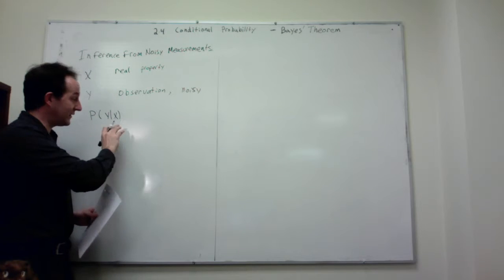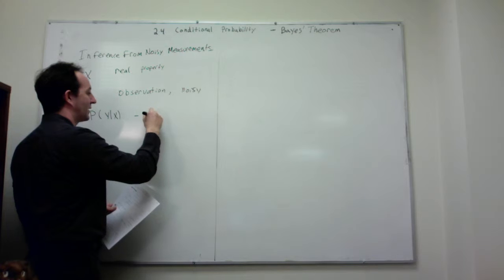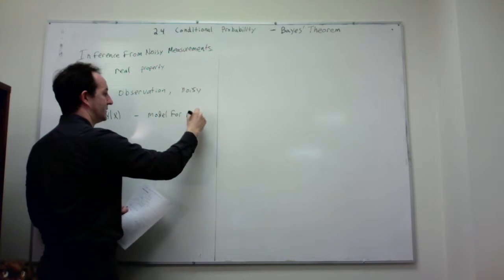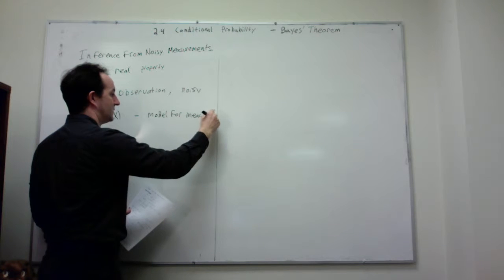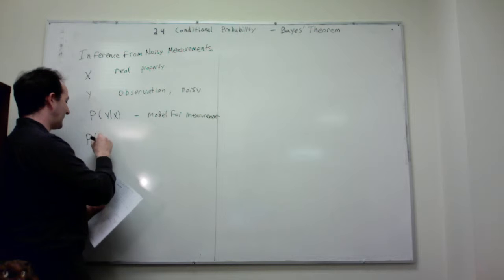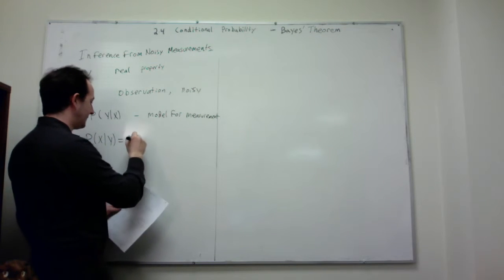But if you have a noisy sensor, this could have some distribution. And this can be thought of as a model for the noisy measurement. And then Bayes' theorem says, well, okay. If I just write out Bayes' theorem, it's going to be this.